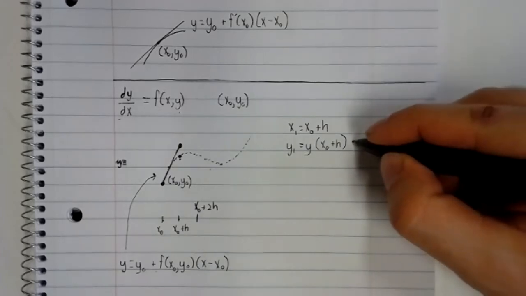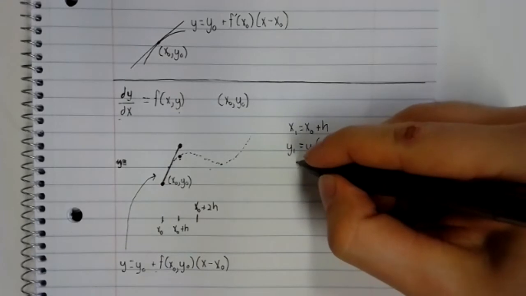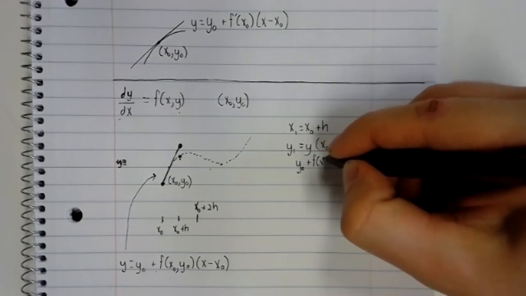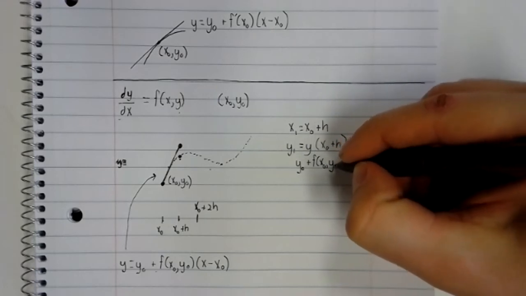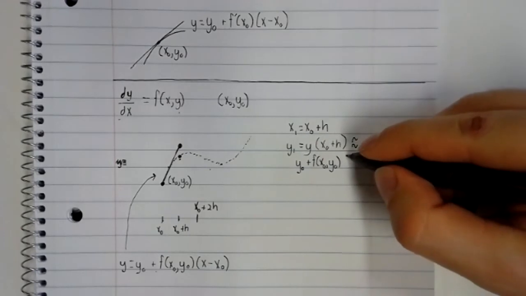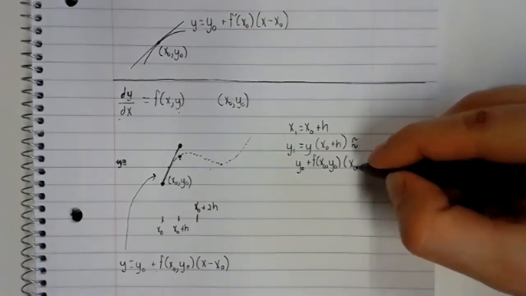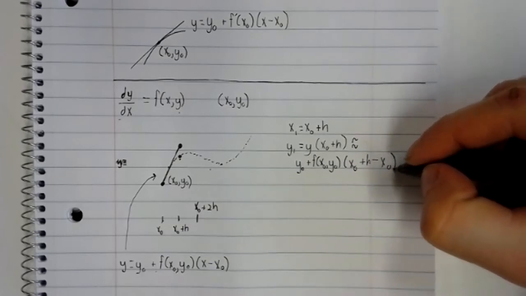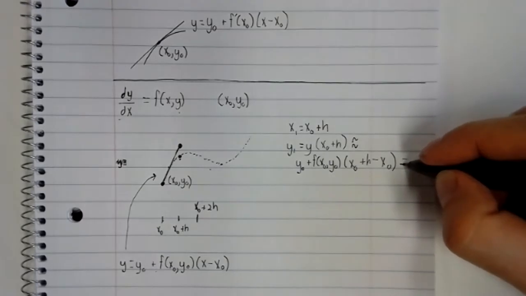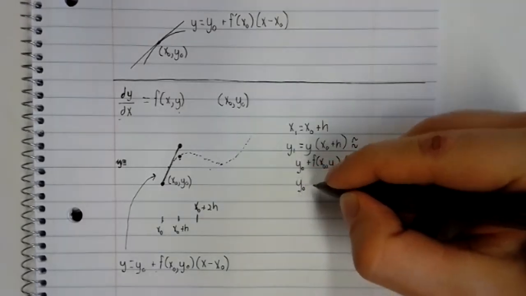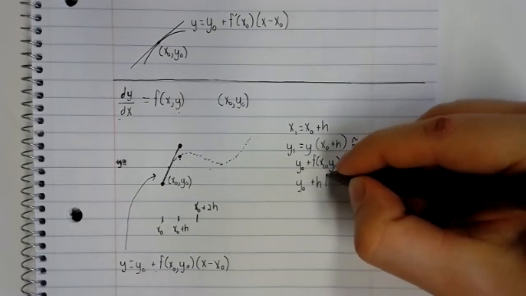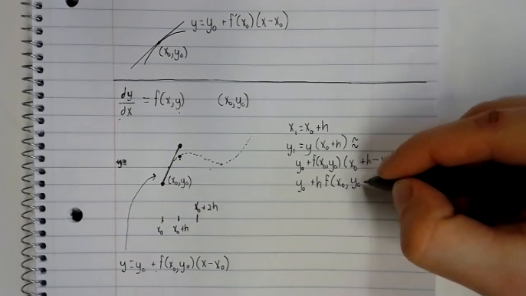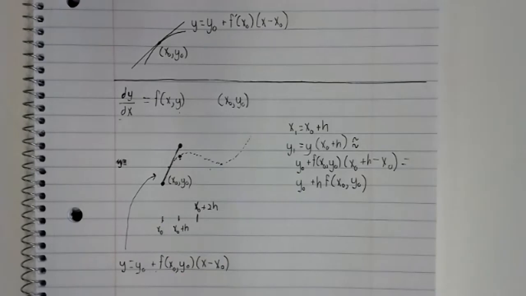Instead, we'll approximate. y sub 0 plus f of x sub 0, y sub 0 times x sub 0 plus h minus x sub 0 equals y sub 0 plus h times f of x sub 0, y sub 0.